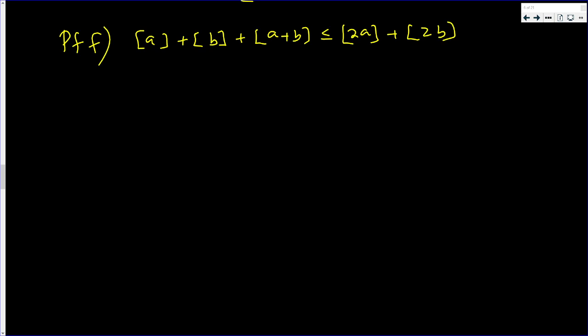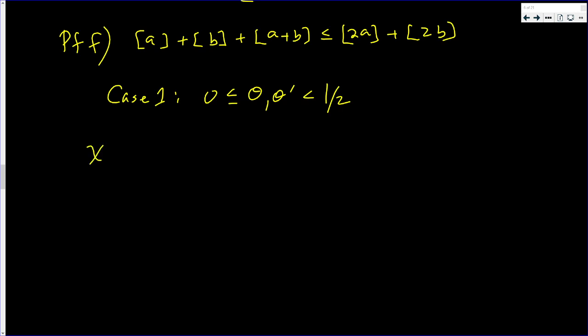And we're going to have to do this one in 3 cases. Case 1 is where theta and theta prime, which I haven't defined yet, are both between 0 and a half.